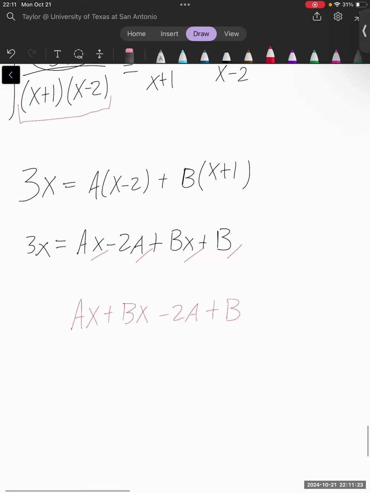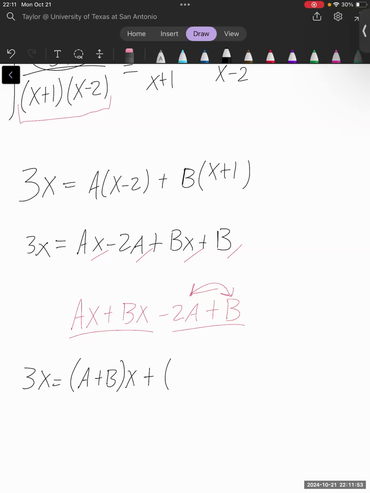Then I can pull out an x from these terms, and there's nothing to pull out from the other term. I'm actually going to switch these two, so that minus sign stays attached to the 2a. Rewriting this, I get 3x equals a plus b times x plus b minus 2a.